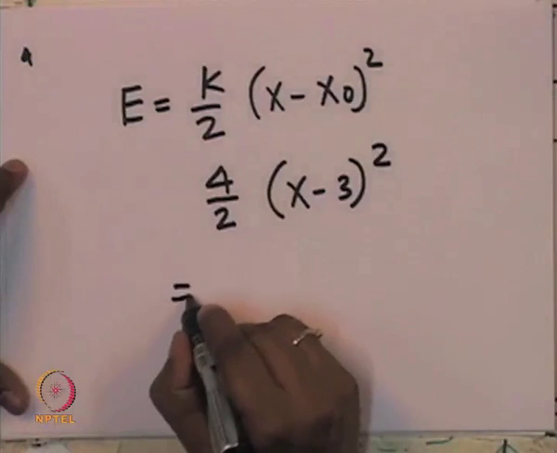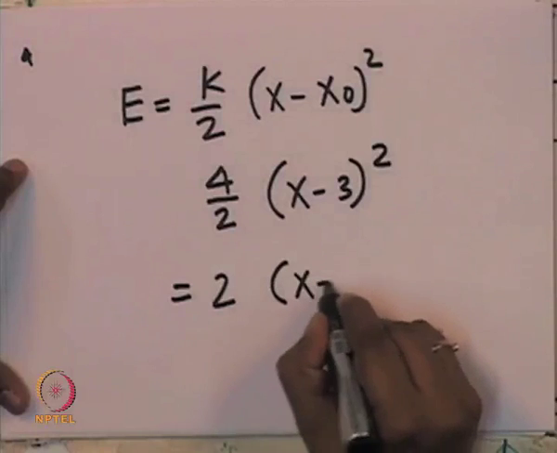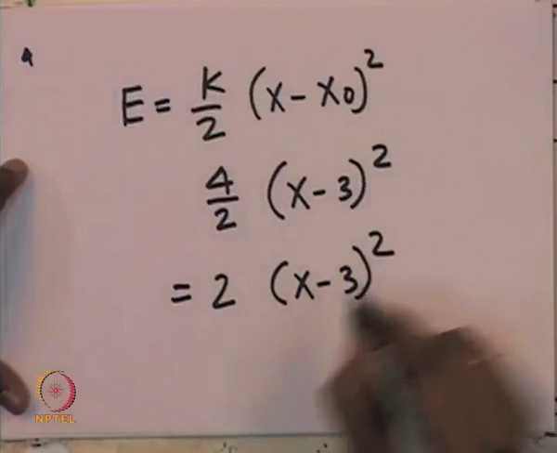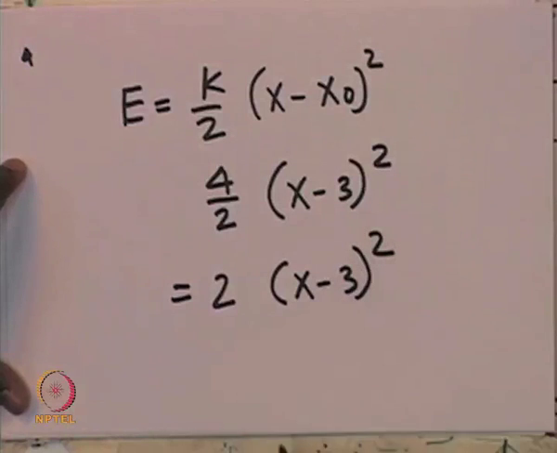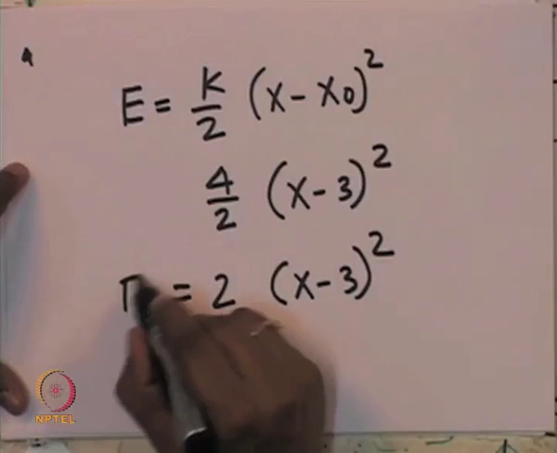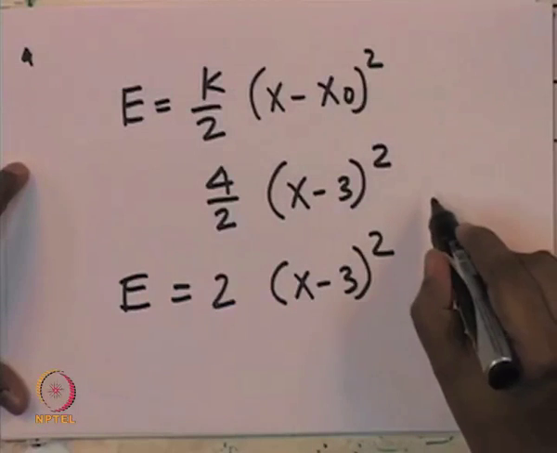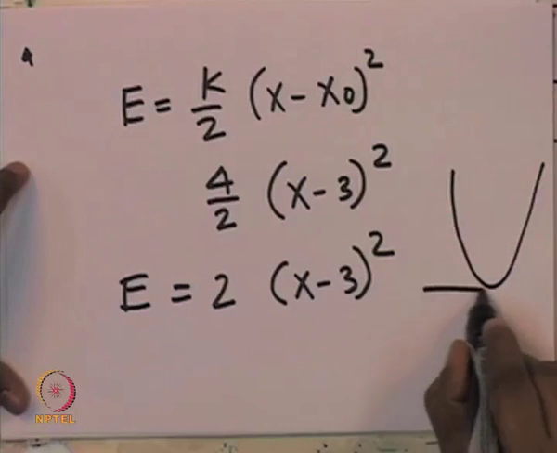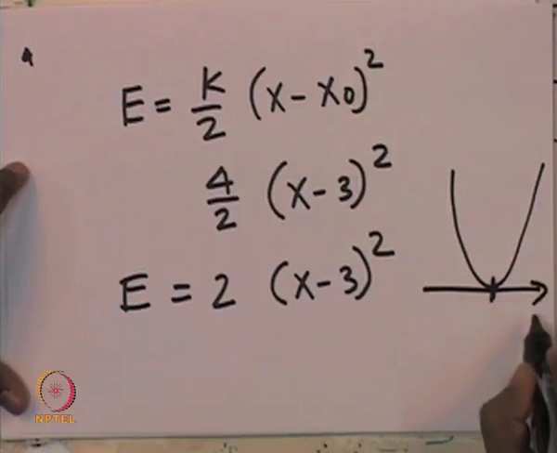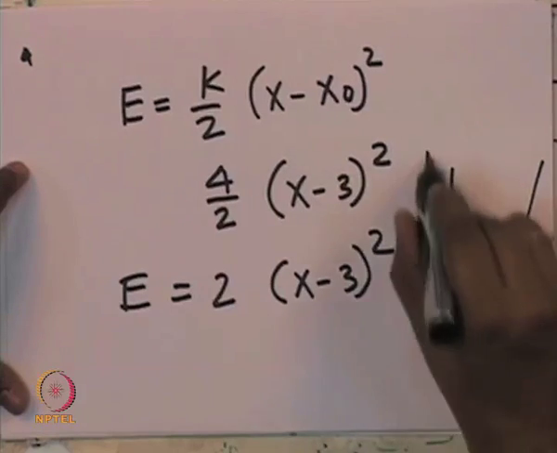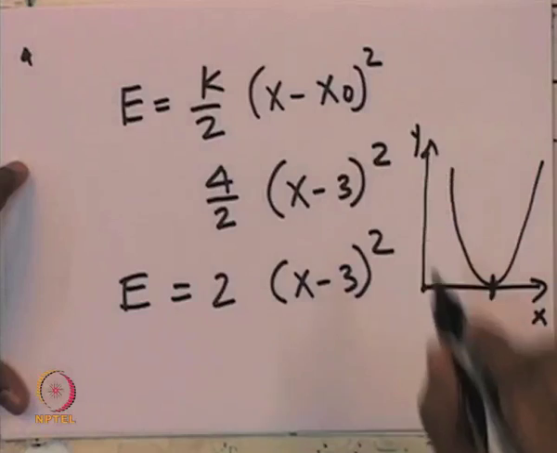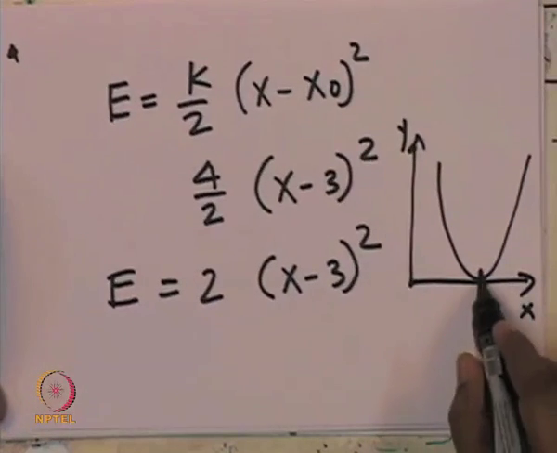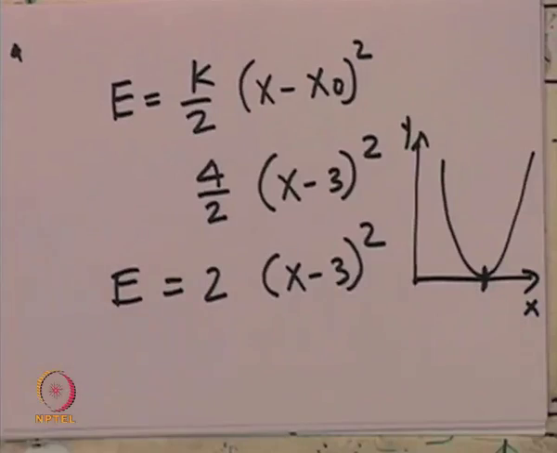This is 2 into x minus 3 whole square. So, this is what we plotted. This is our energy. We know that the energy looks like this, and we want to know this particular point on the x axis. So, this is x axis and y axis. We want to find out this particular point on the x axis where the energy is minimum.